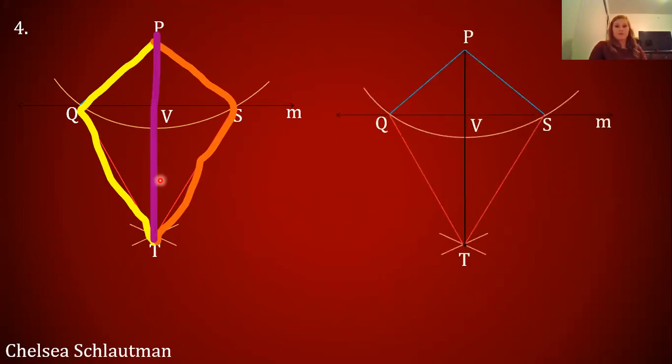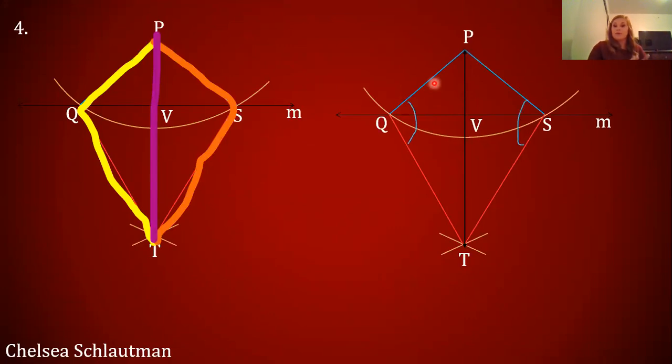For the second figure, we have the same exact figure, but the question is a little bit different. We're trying to find out how angle QPT is congruent to the angle SPT. The angle is the interior here on these triangles. So we're going to look at angle Q on the QPT.